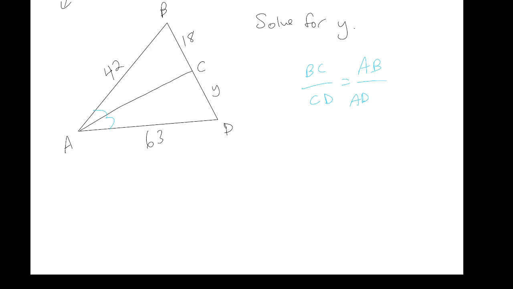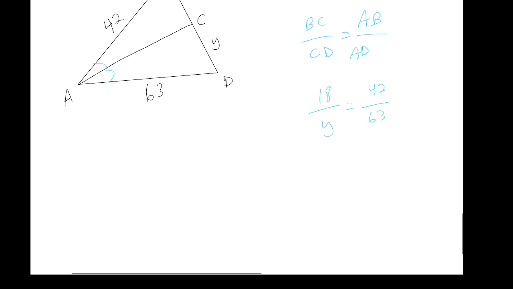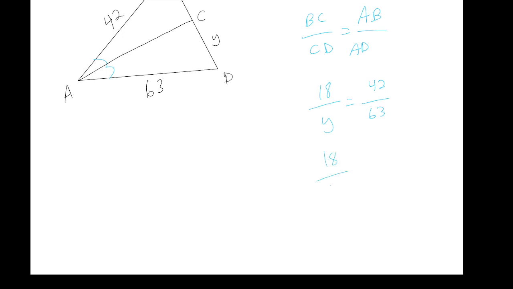So then actually let's input some values. So we'll have BC is 18, CD is Y, AB is 42, 63. I could take a cross product, guys, but I'm a little bit lazy. I don't like to work with numbers that are so exceptionally large, right?